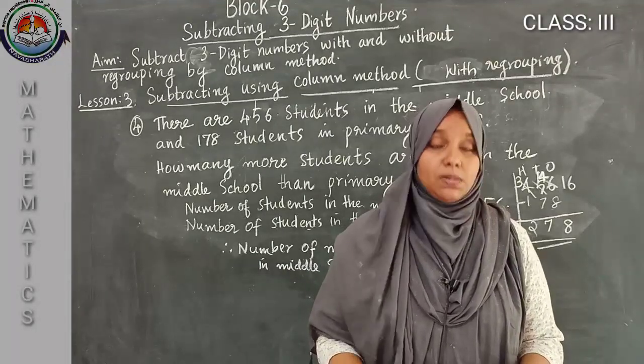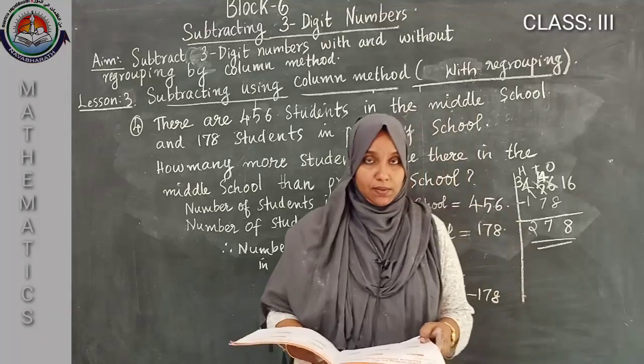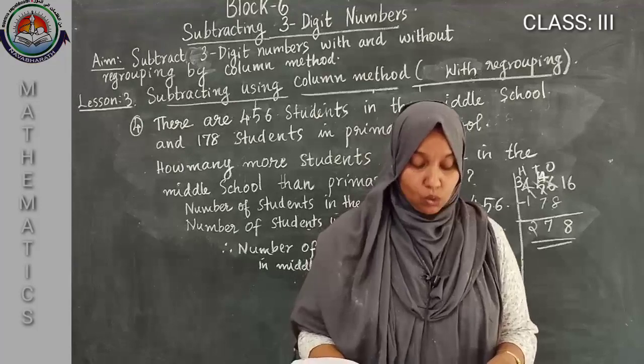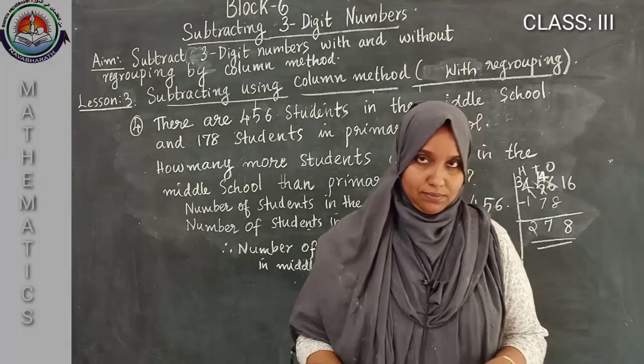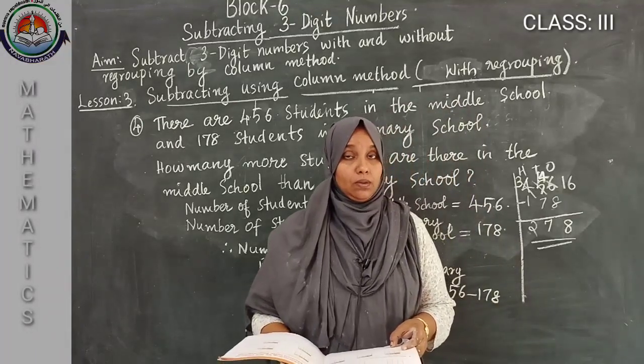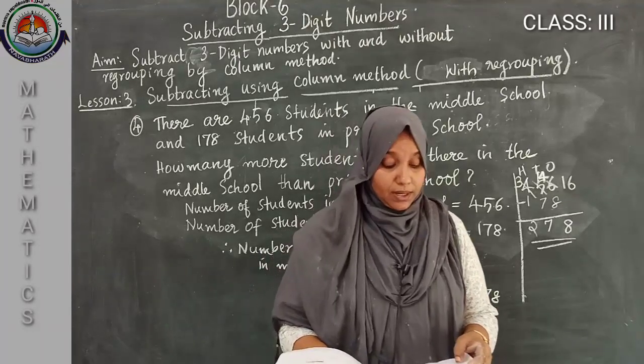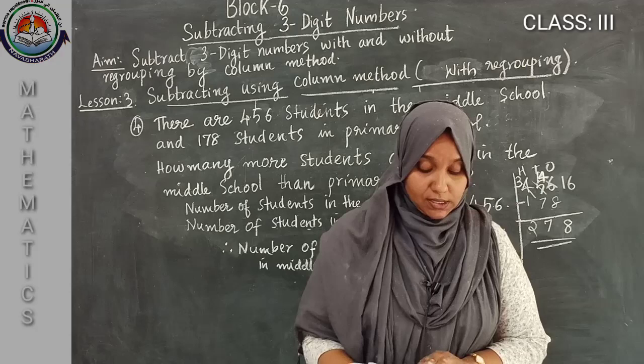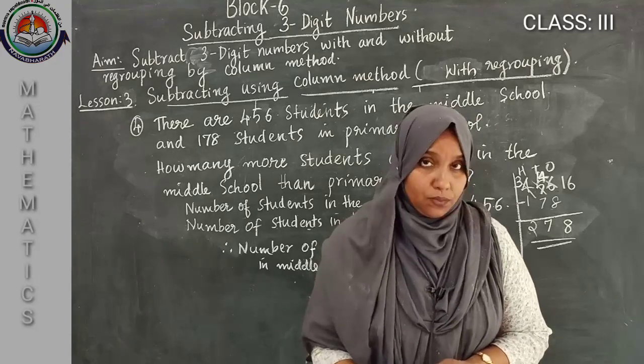Then find the missing number. The last question: 547 minus dash is equal to 235. How can we do that? What I told you: the bigger number minus the difference. What is the difference? 235.